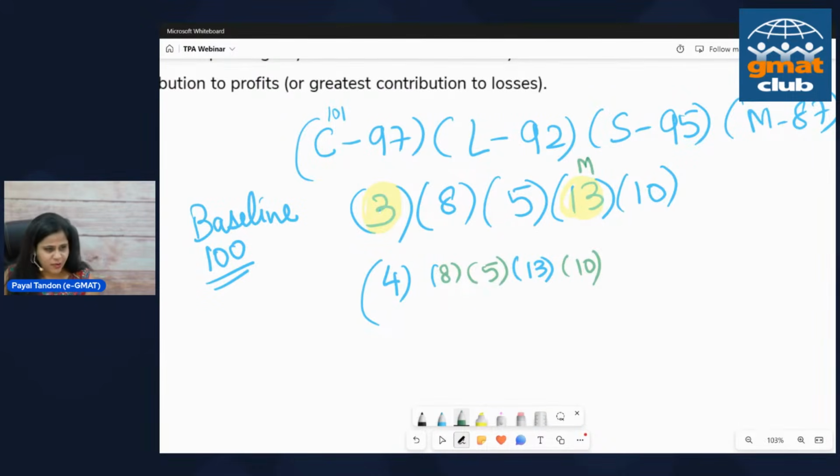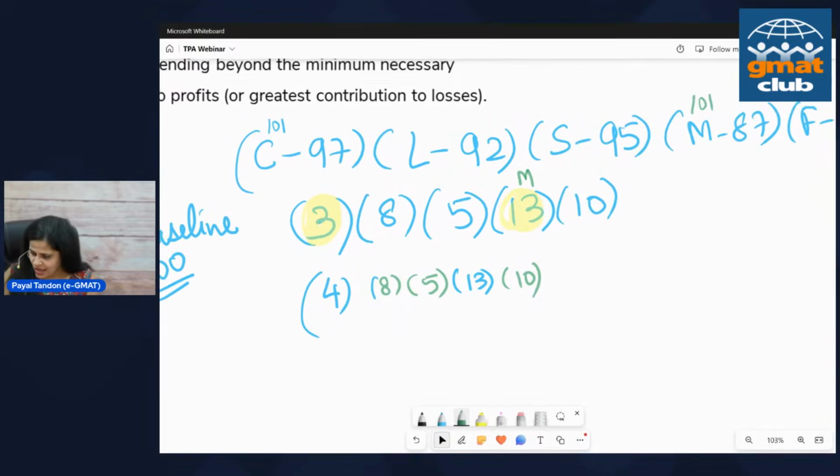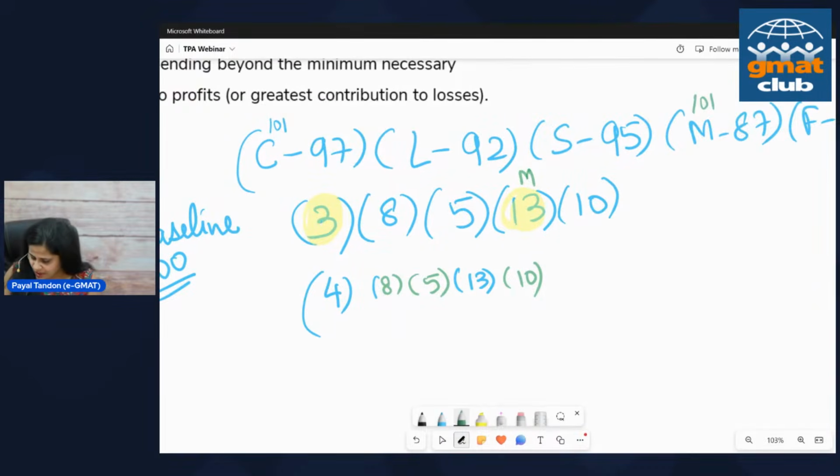Here, this is going to remain as 3, then this is 8, this is 5, this will become 14, and then this will remain as 10.